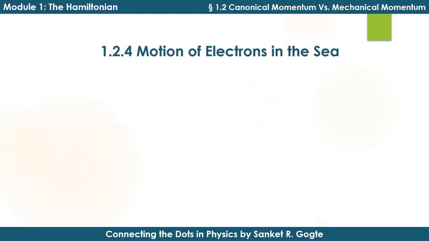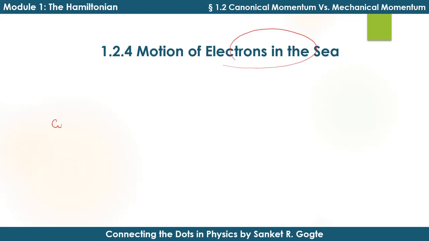Now let's move on to the third example that I wanted to discuss in this video. It is not directly related to the Hamiltonian and Lagrangian formulation per se, but I have chosen it because in this example we will get the equation of motion, and we will get a momentum which is not the mechanical momentum. And the example is the electron sea. Suppose I have a metal.